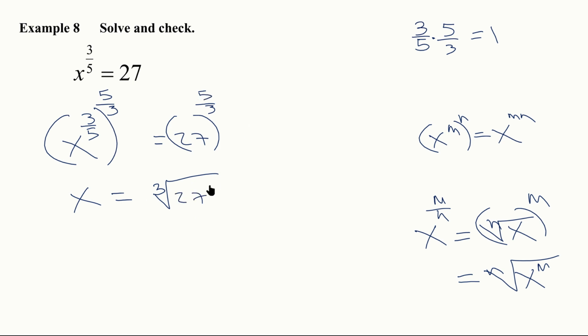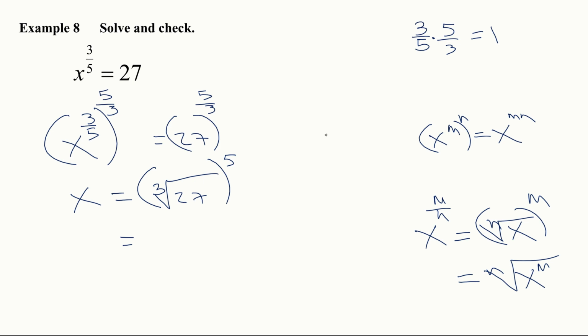Now the power can go as a power of the radicand either inside or outside. It's much easier if you actually put it on the outside, because who wants to sit there and figure out 27 to the power of 5 when they don't have to? I mean, you could do it that way, but it's going to be a much larger number you're going to have to deal with unnecessarily.